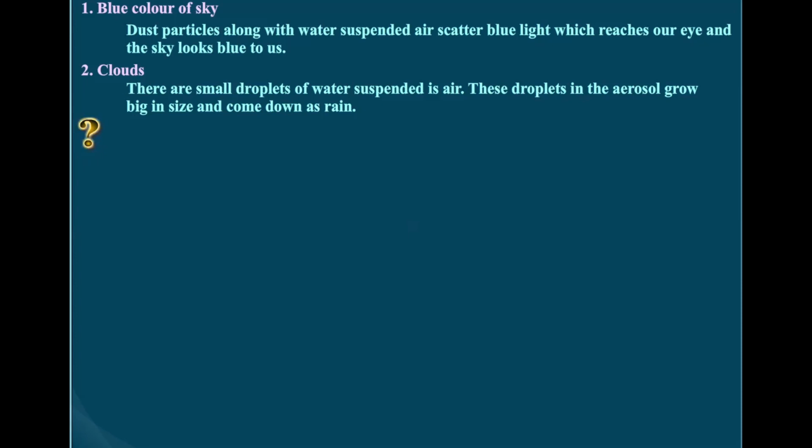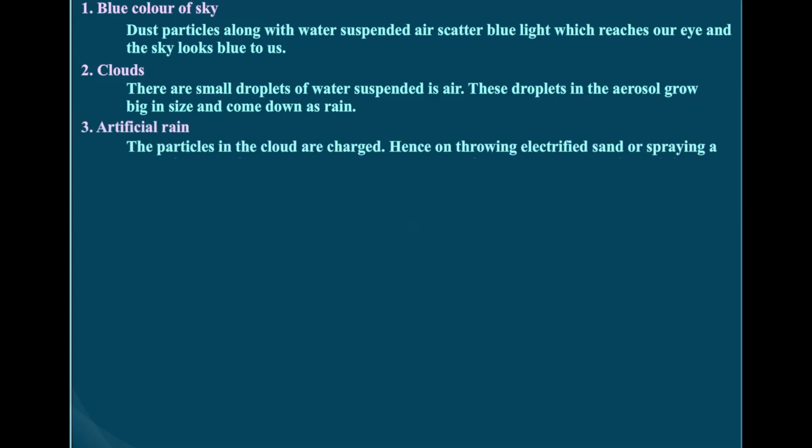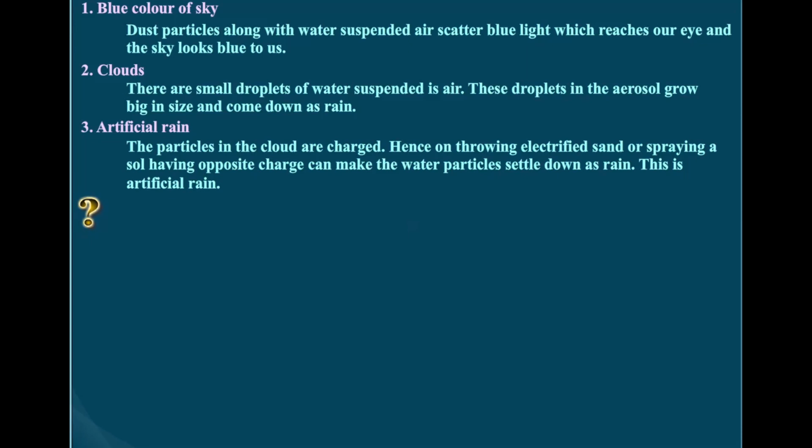Second is cloud formation. There are small droplets of water suspended in air, and these droplets grow big in size and come down as rain. When a large mass of air containing dust particles is cooled, the moisture from the air condenses on the surfaces of these particles, forming fine droplets.